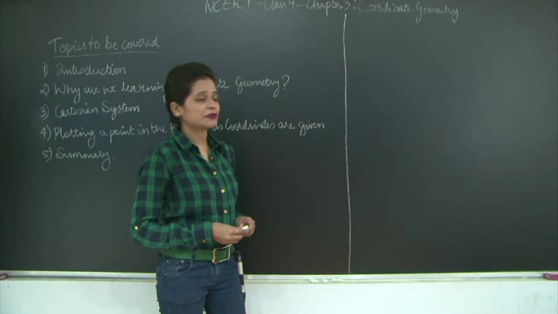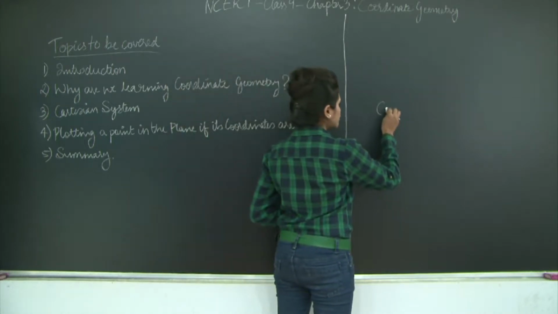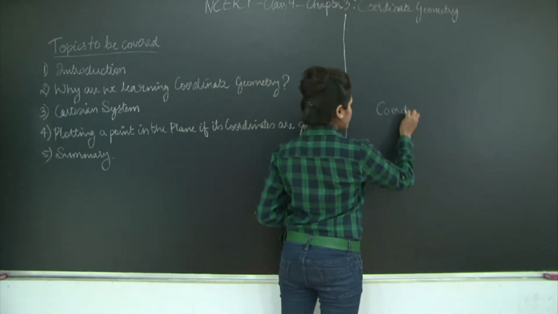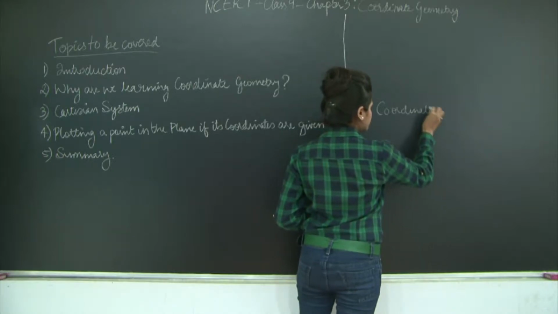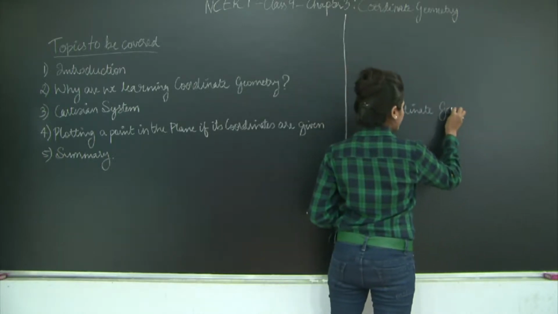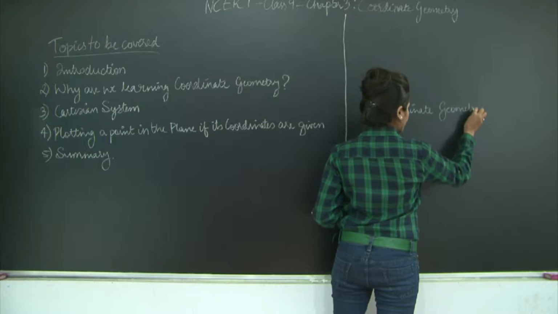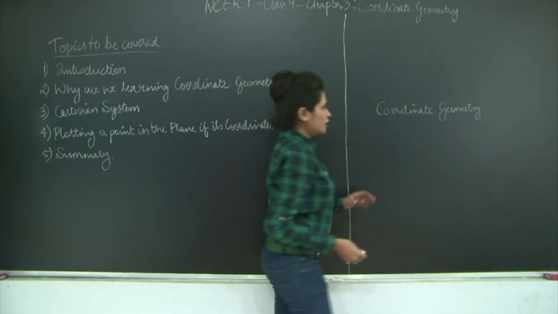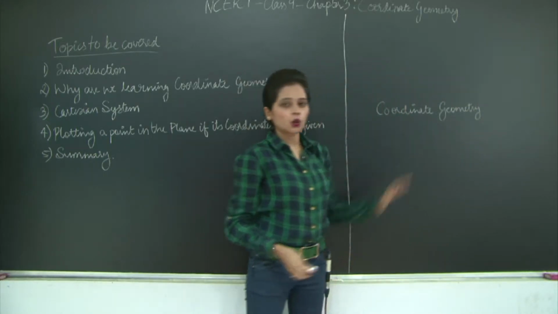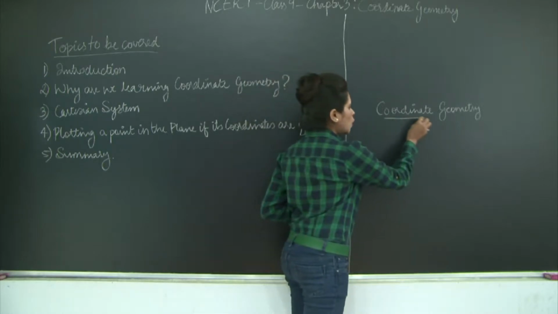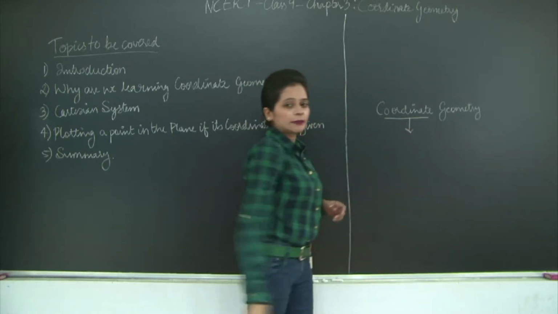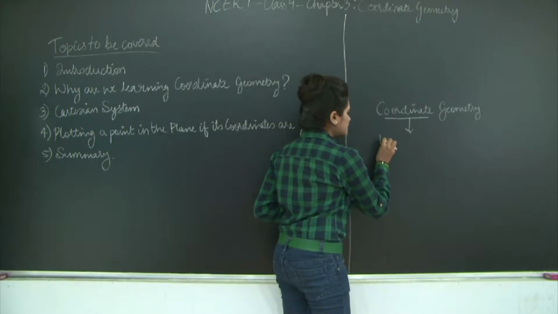So first of all, the chapter's name, coordinate geometry. So here we have two terms, coordinates. What does the term coordinate mean? It means location points.